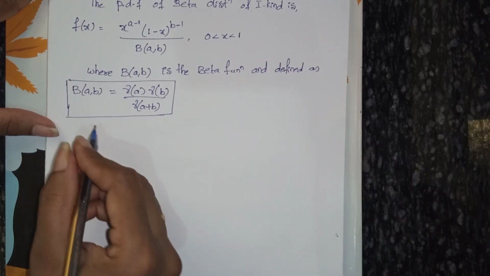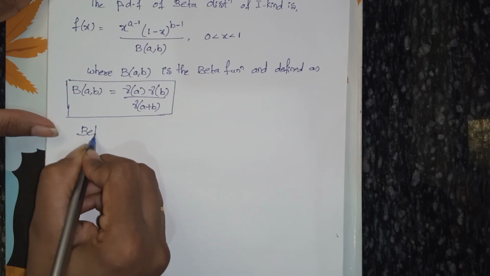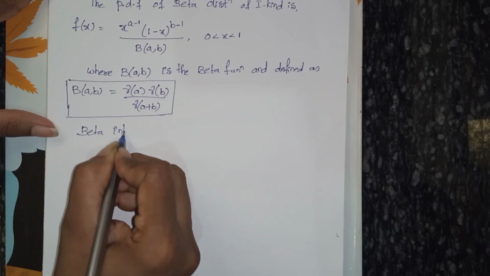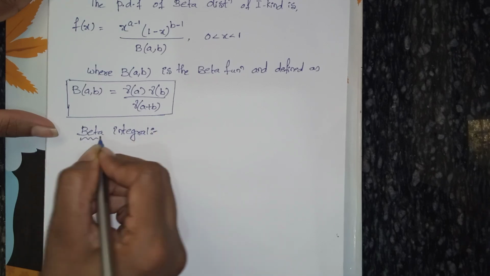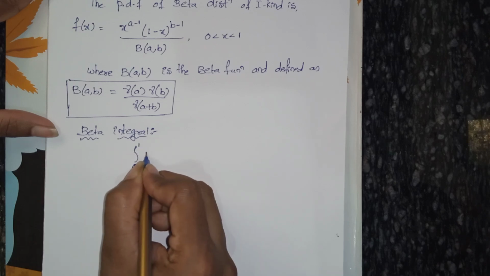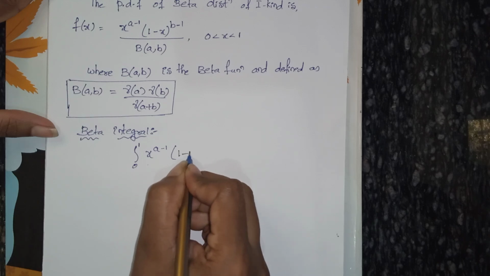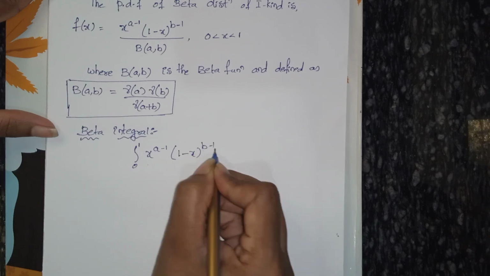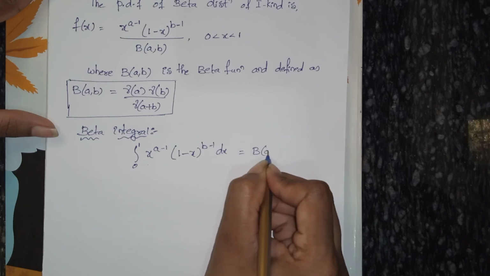Before that we have to learn one more thing, the beta integral. The beta integral is the integration from 0 to 1 of x to the power of a minus 1 into 1 minus x to the power of b minus 1 dx, equals B(a,b).